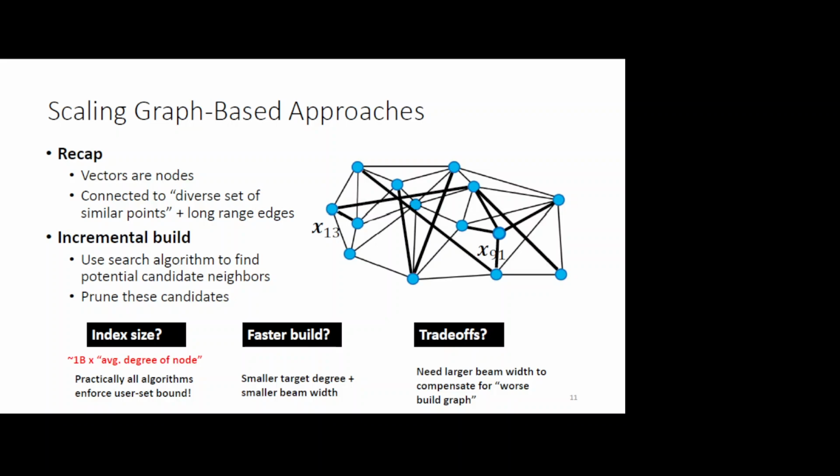So if you want to achieve high accuracy, the trade-off is in your search time. You should have a wide search beam. This means you have to find more candidates. Okay, any problems?